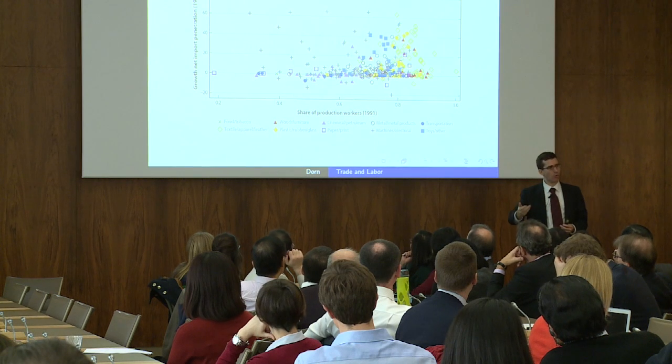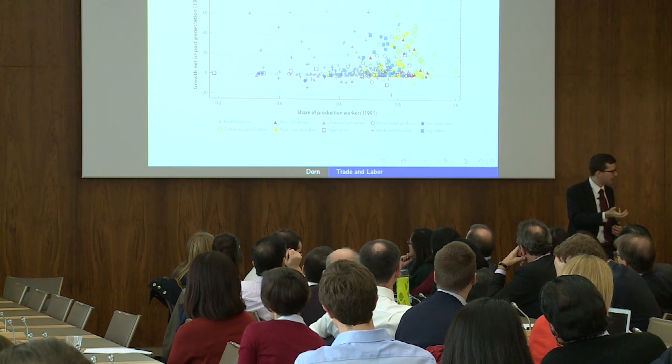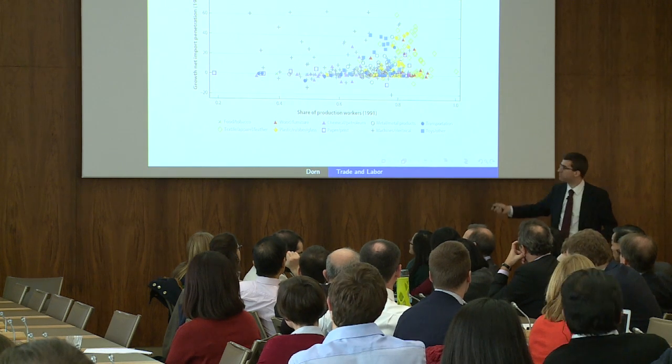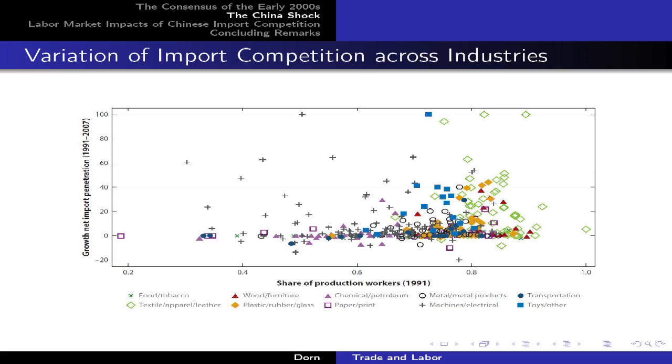First, there is an enormous dispersion in that level of import competition, even within subgroups of industries. When we look, for instance, at textile, apparel, and leather industries, here shown with the green diamonds, you see that there are some industries that are very, very heavily trade exposed and others where the effect is much, much weaker.